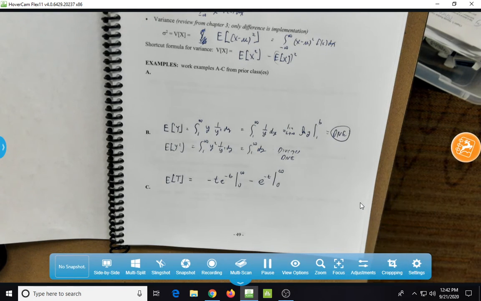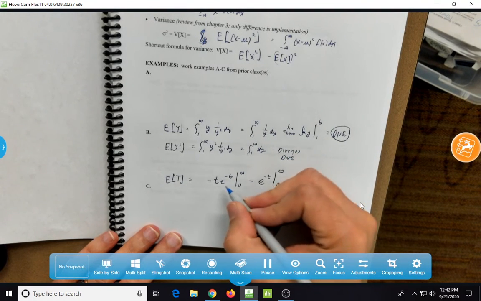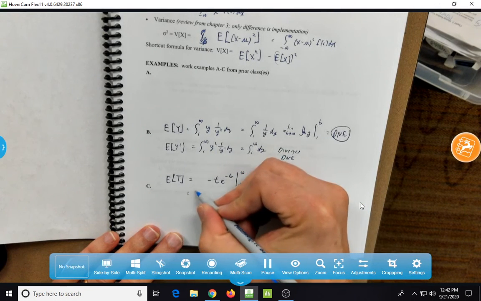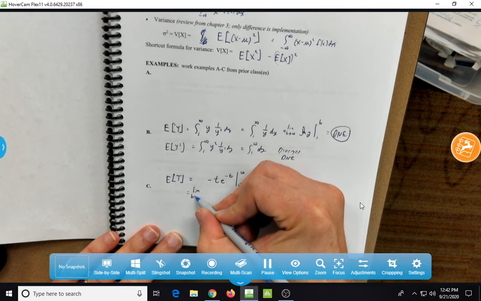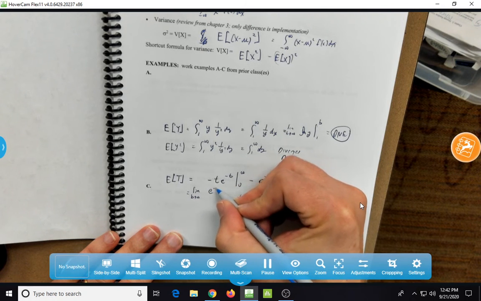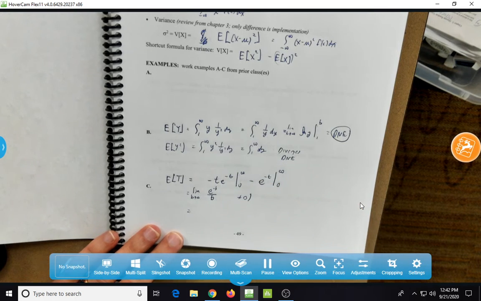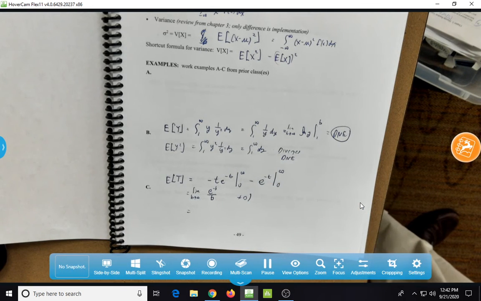We can use L'Hopital in this case because if you plug in 0, you're going to get 0. But if you take this limit as b goes to infinity of e to the minus b over b, what does that go to? Which wins out?